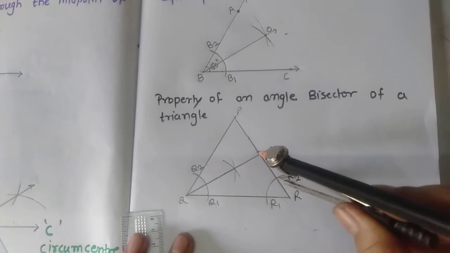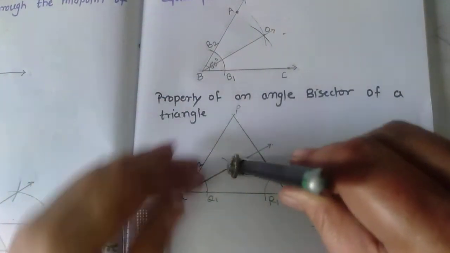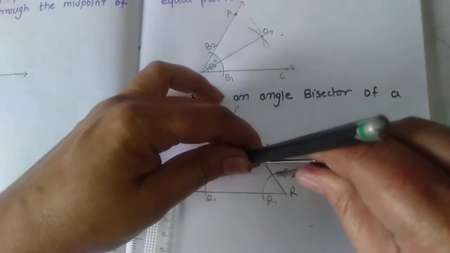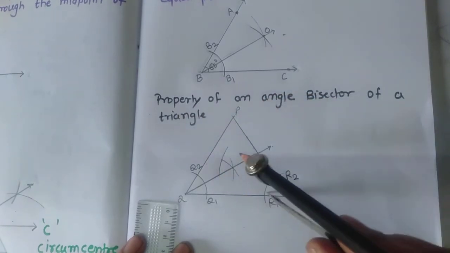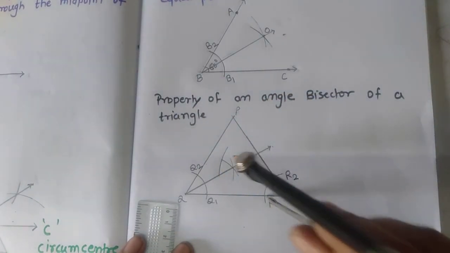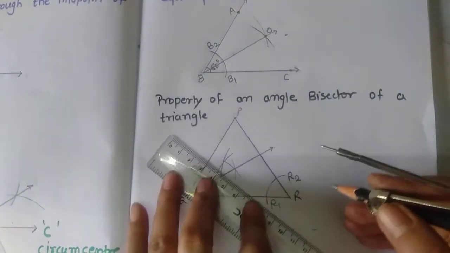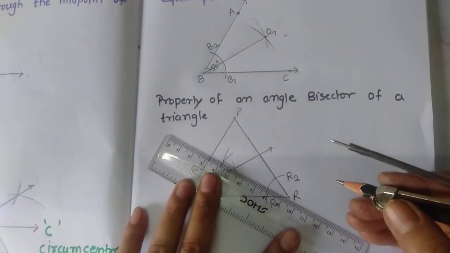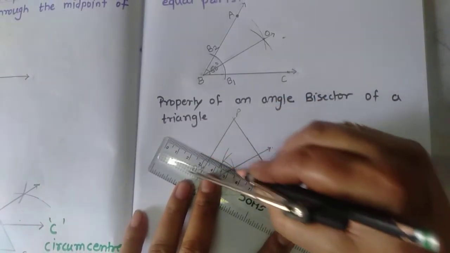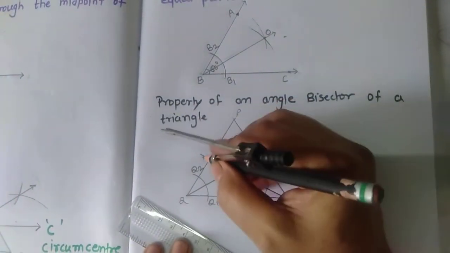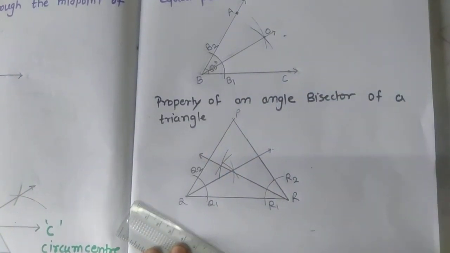Now draw the arc inside of the triangle from R1 and R2 without changing the distance. Join this intersection point to R. This is the angle bisector of angle R.